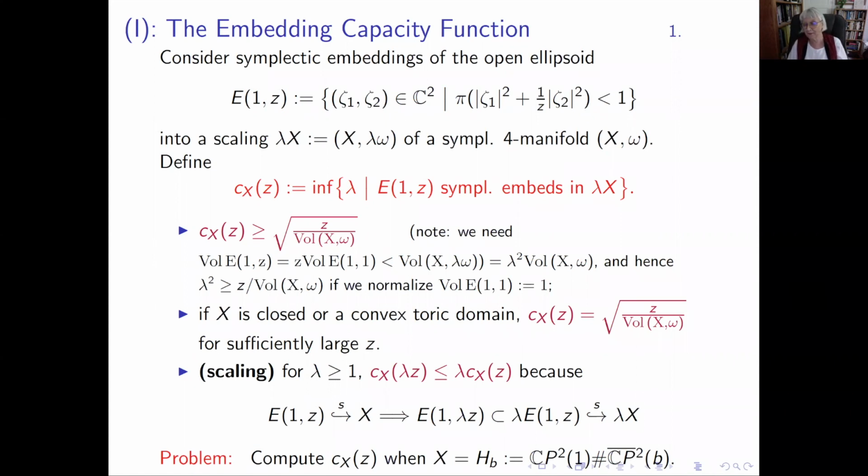We're looking at the case when the target is the blow-up of CP2. The B refers to the fact that we assume the line has size 1 and the exceptional divisor has size B. So the interesting case is when B is some positive number between 0 and 1.